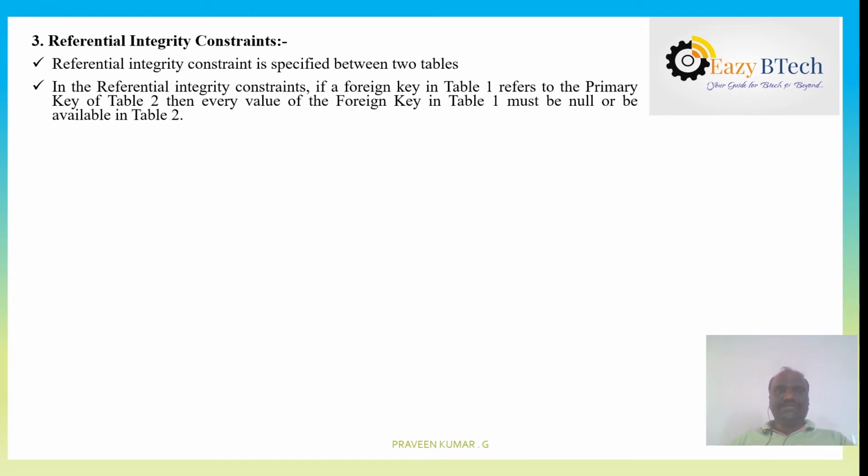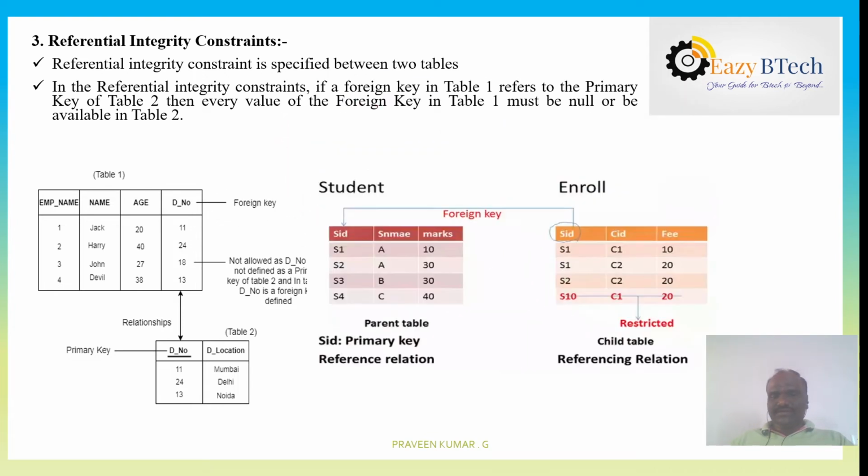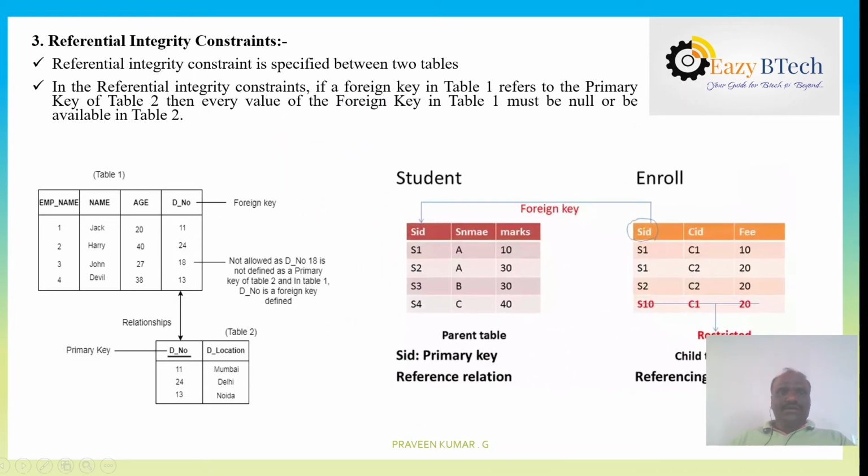Next one is the referential integrity constraint. What is the referential integrity constraint? A relational database is where we connect one table with another table. Suppose in this example we have student and enroll.